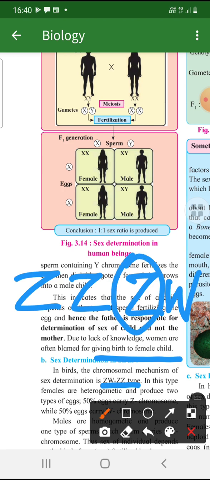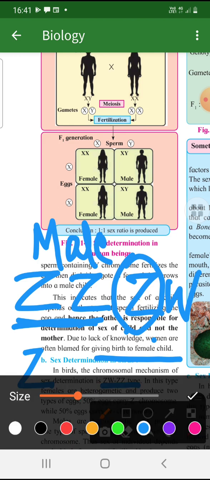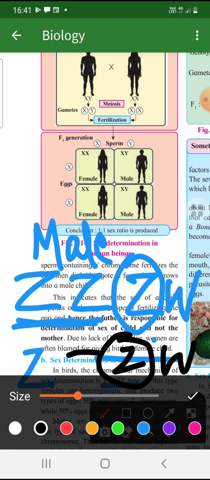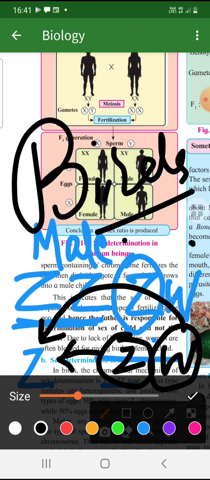So here the male is only providing one type of sperm, whereas female is providing two types of egg, one is Z and another is W. When this ova fuses with this sperm, it will give rise to a male, whereas if this ova fuses with this sperm, it will give rise to the female. So female in birds, OK, this is another question. Sex determination in bird, then you have to draw everything just like you did for humans.